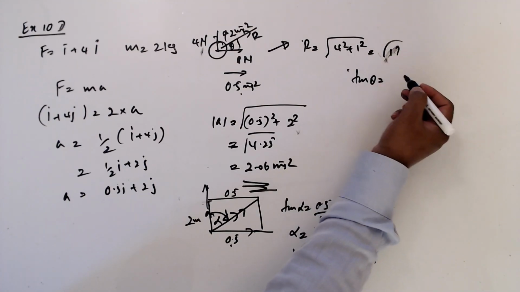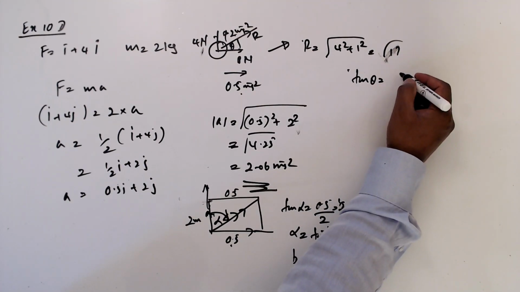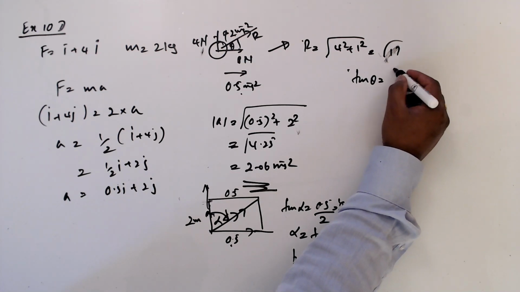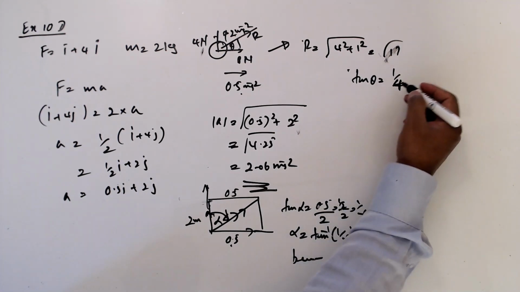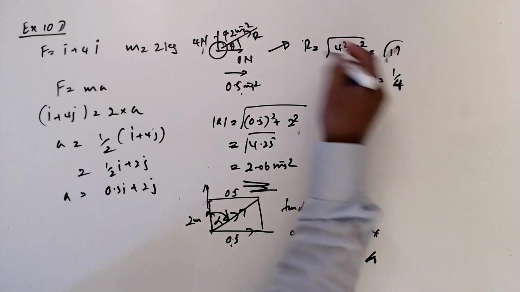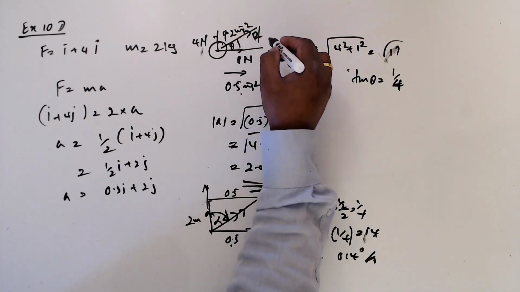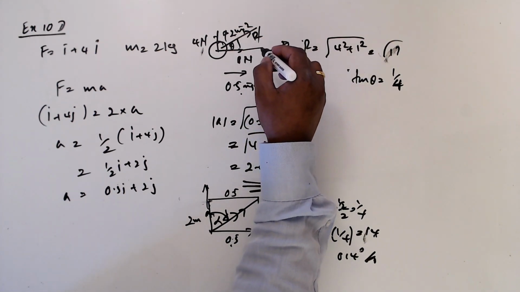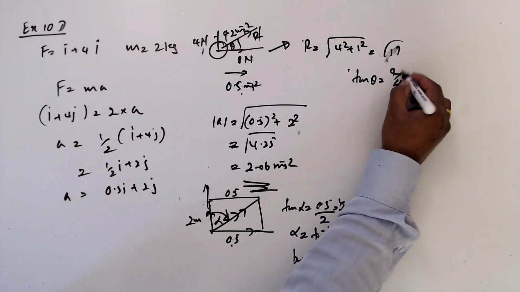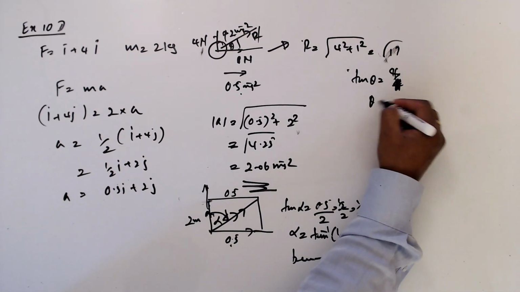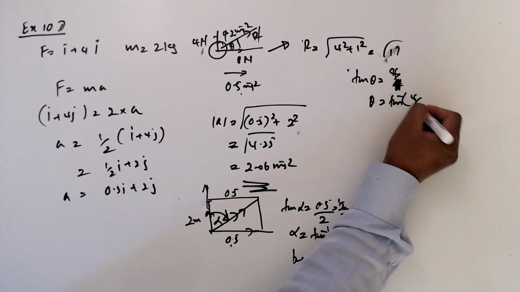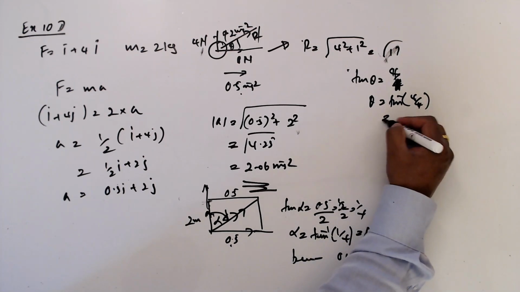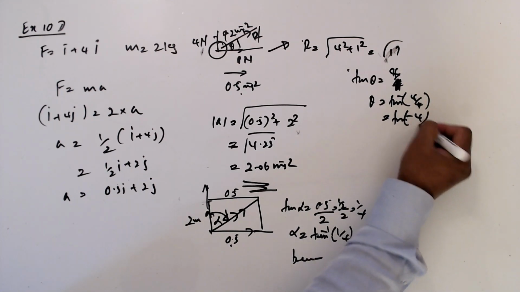Sorry, tan theta, this is 4 and this is 1. So this is 4 over 1. Theta equals tan inverse 4 over 1, which is tan inverse 4.